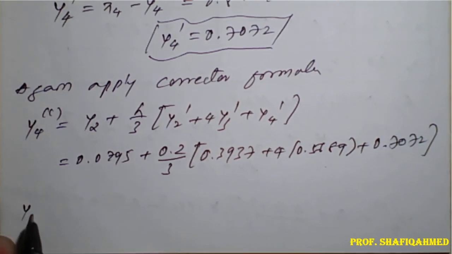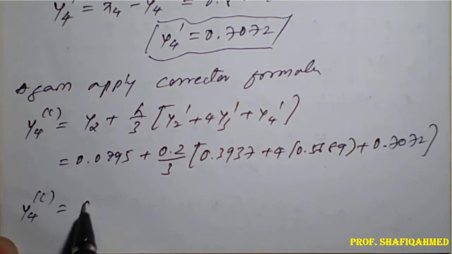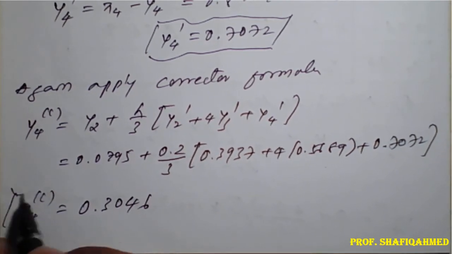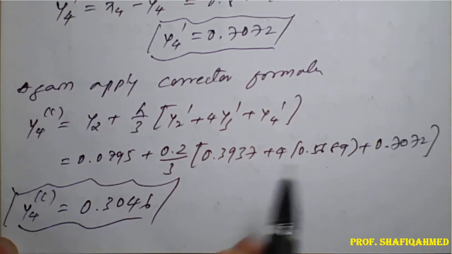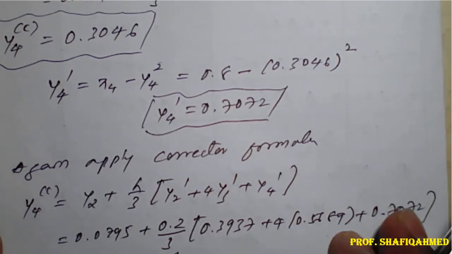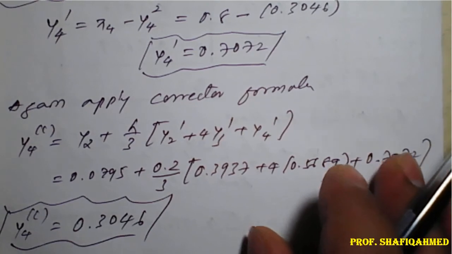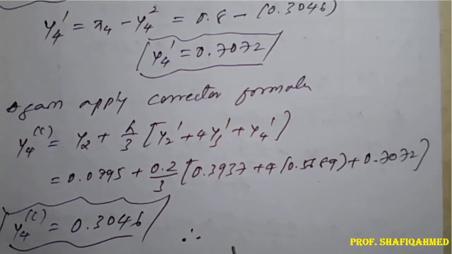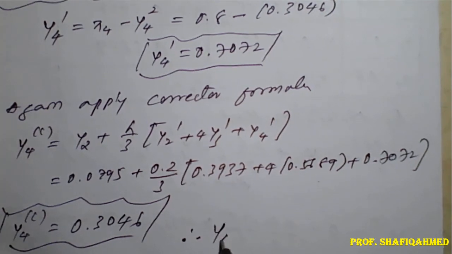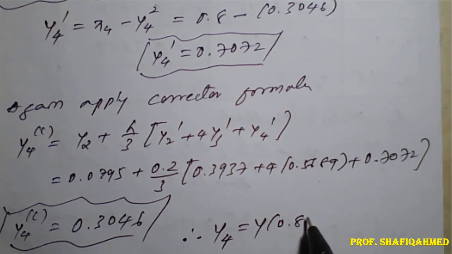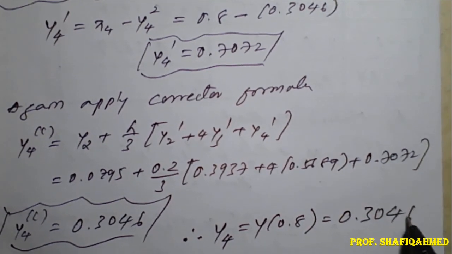So y4 of c is equal to 0.3046. This answer and the answer we got earlier in the corrector are both the same. So we'll stop here and conclude that the y4 value, which is nothing but y of 0.8, is 0.3046.